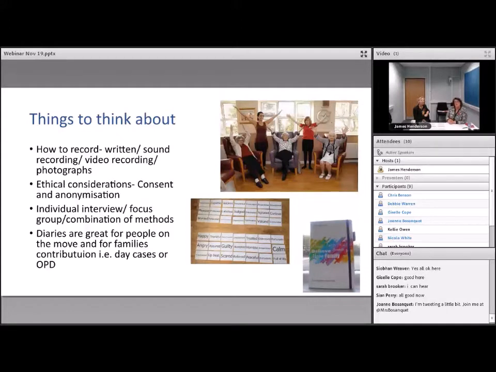The other really important thing to think about is your ethical considerations, particularly consent. Now we're working potentially with vulnerable people, so consent is really very important, whether you think about verbal consent or written consent. Your organisations will have guidance on this, but I would always encourage you to work from a very strong ethical framework.